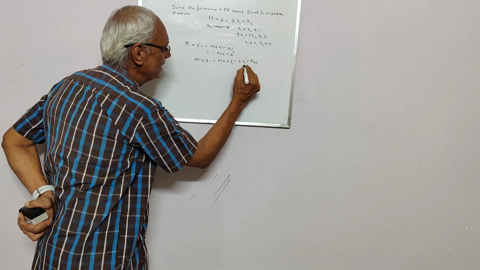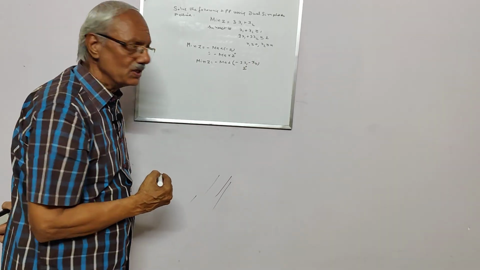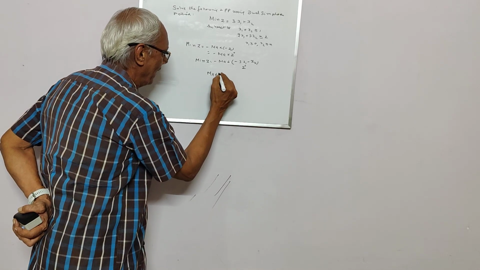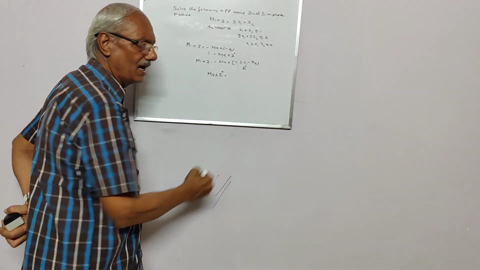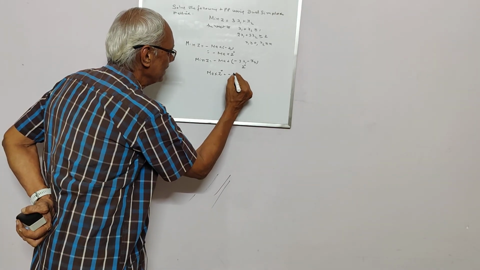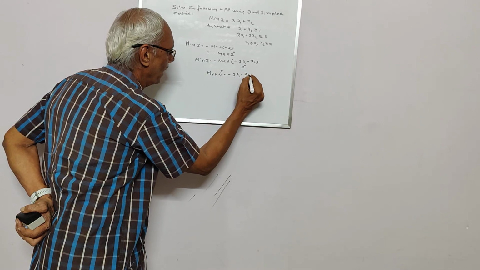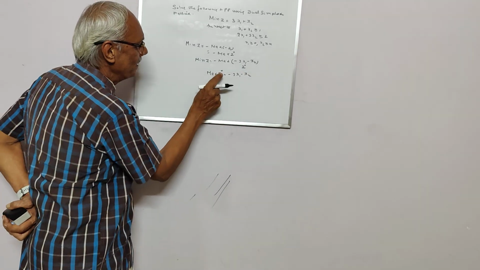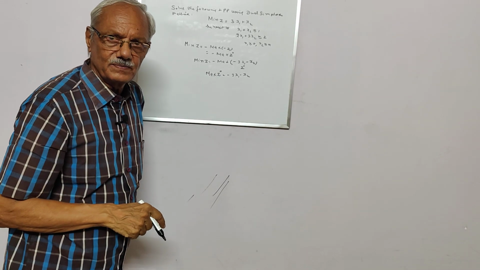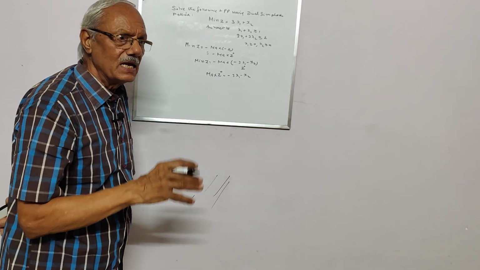This I will call z star. So max of z star is equal to minus 3x1 minus x2. In the sense that z star is this, you are going to maximize that.